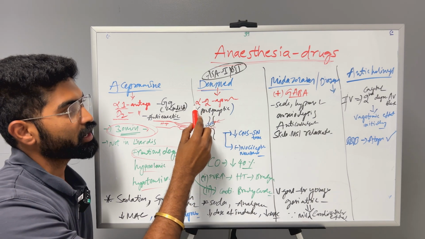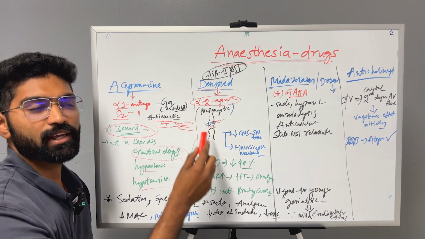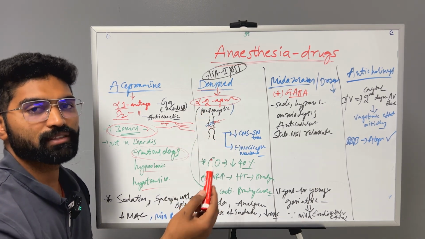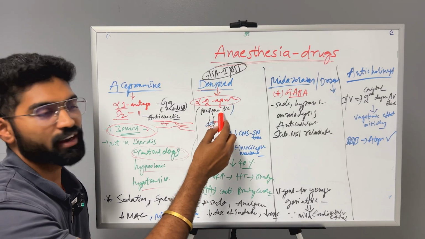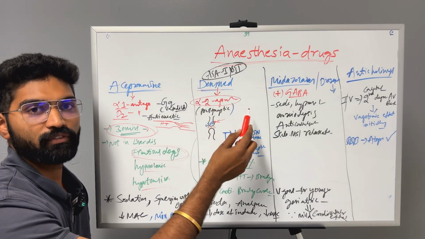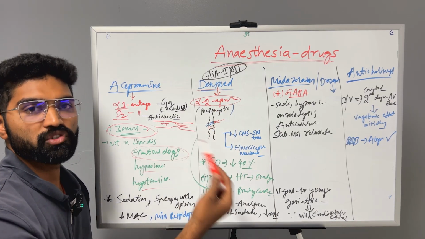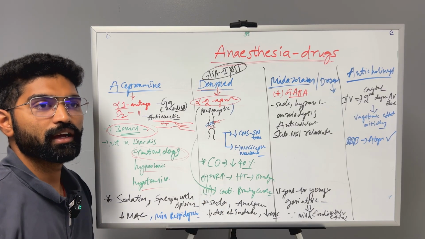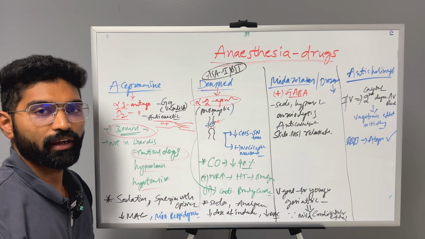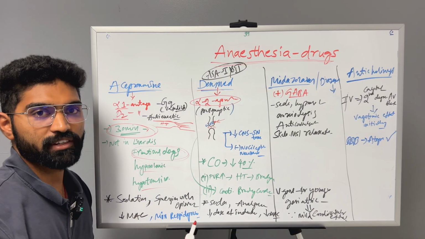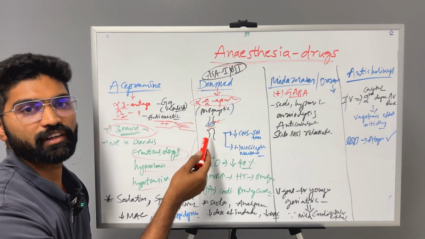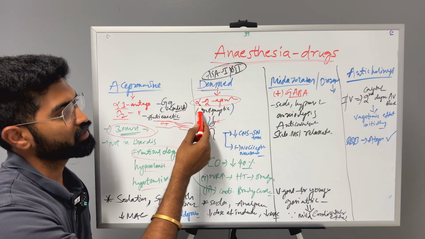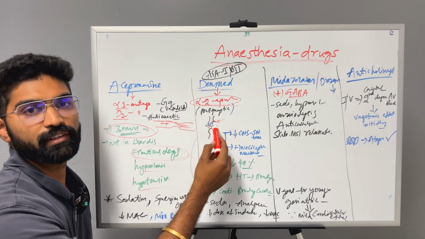Even though it is an alpha-2 agonist, the action will mimic the parasympathetic action. Even though it is an adrenergic agonist, the action will be the opposite of the adrenergic nervous system. Usually the adrenergic nervous system increases the heart rate and increases the norepinephrine action, but here the norepinephrine release is decreased since the alpha-2 is located presynaptically.